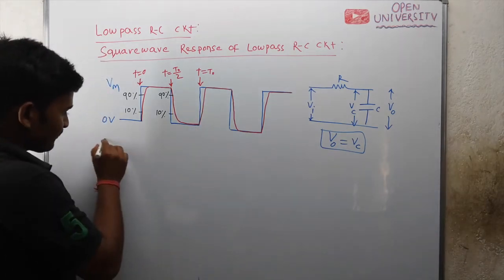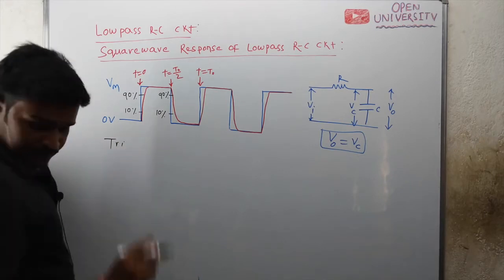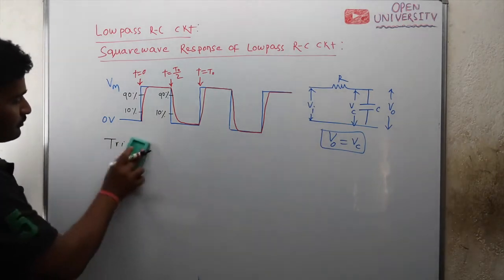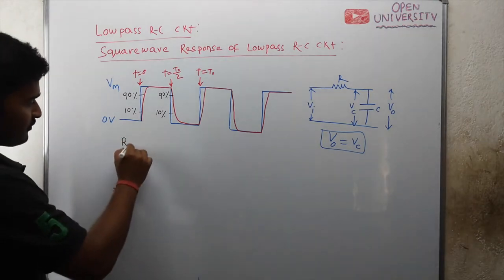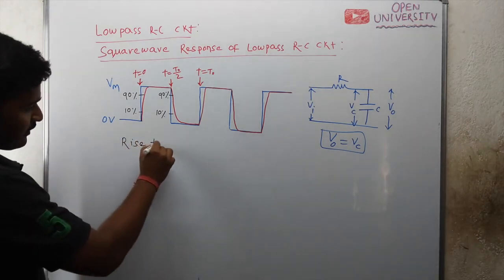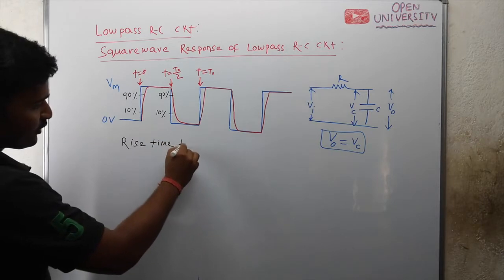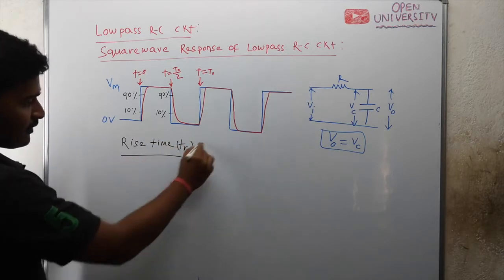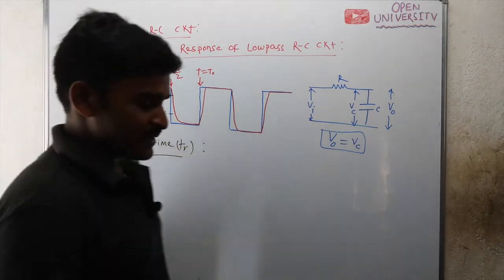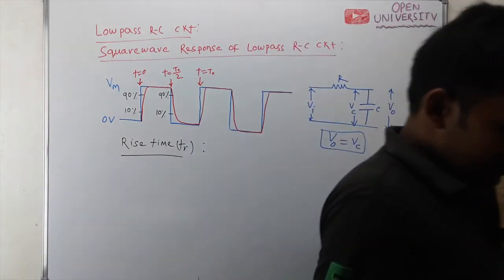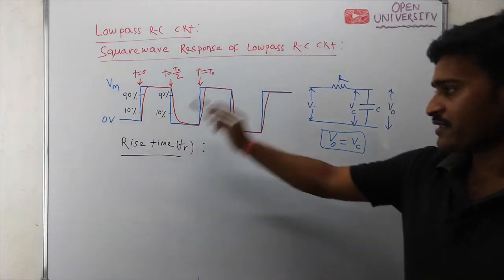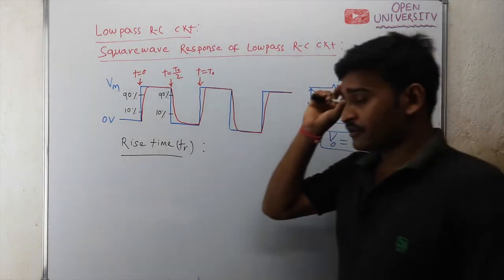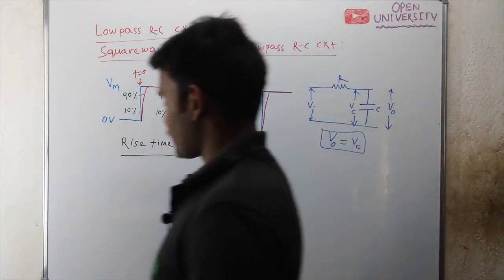So give the heading rise time. What is called rise time? Do not do it with TR. I said that the performance of a low pass RC circuit is described in terms of rise time and fall time. So first write what is called rise time.